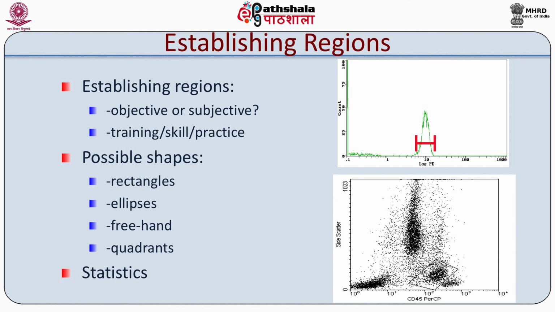So these are different shapes of gates that can be used for data analysis. It could be a freehand gate or a quadrant gate, and the frequency of these cells with other statistics, such as the mean fluorescence intensity, can all be exported to an Excel sheet, and statistical analysis can be performed.